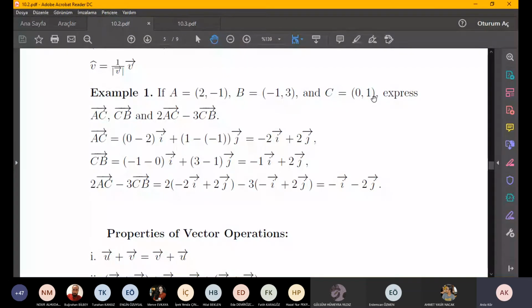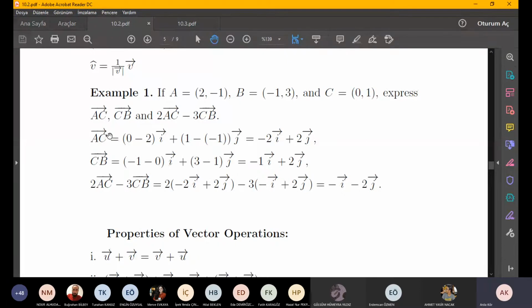And after that, first we should express AC and CB to compute 2 times AC minus 3 times CB, the vector CB. So let's first try to find the vector AC.